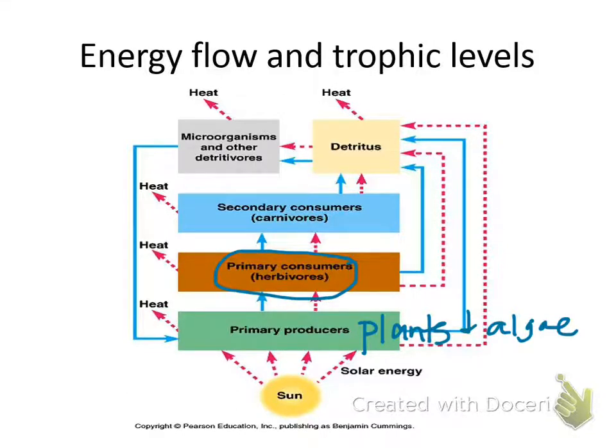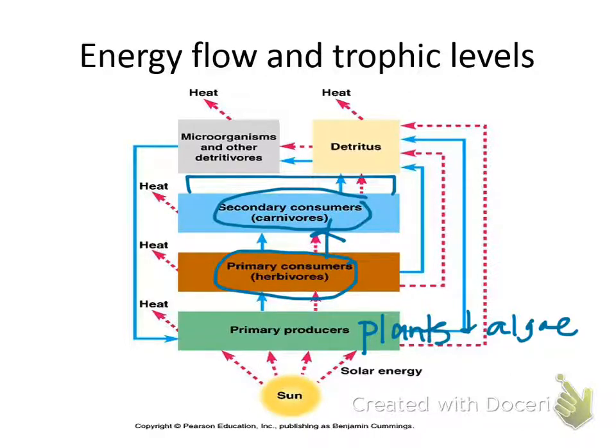So those are going to be your herbivores. And then the secondary consumers eat the primary consumers. So you can see the energy came from the sun to the producers, to the primary consumers, to the secondary consumers. And then there could be up here a tertiary consumer. There could be a third level of consumer, so a fourth level of energy.